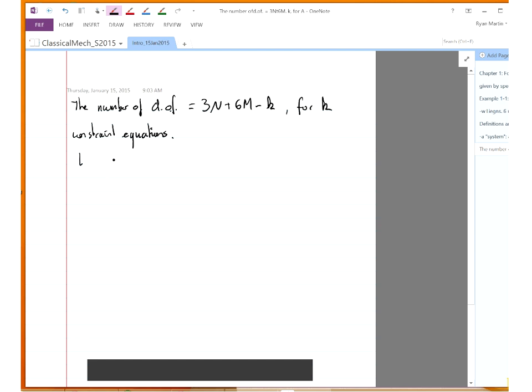Let's do an example. Example 1.2. So let's say we have 4 masses, labeled 1, 2, 3, 4.